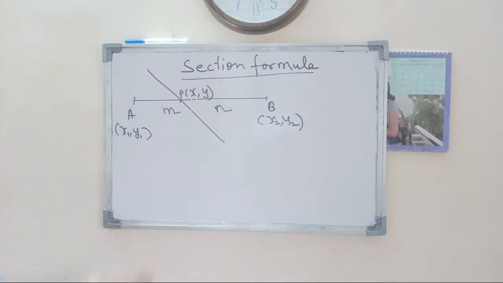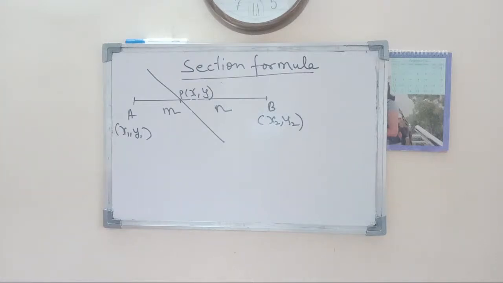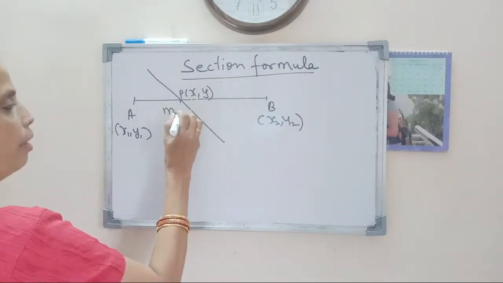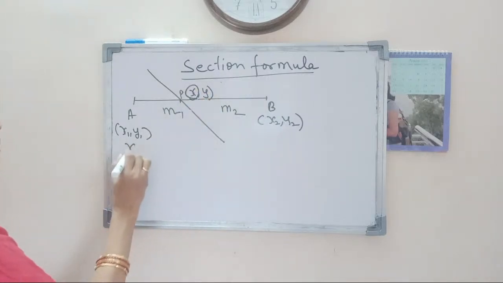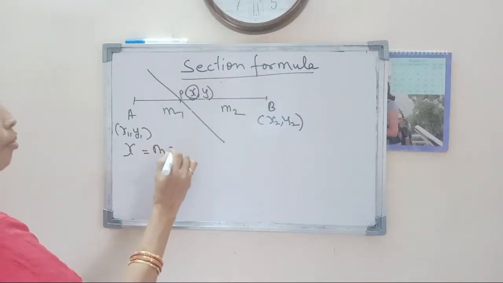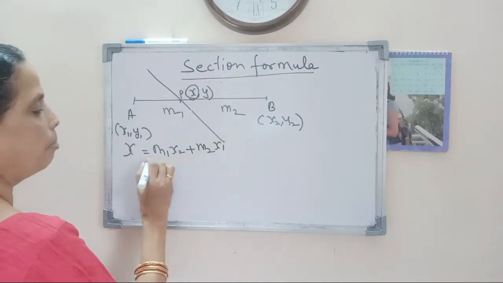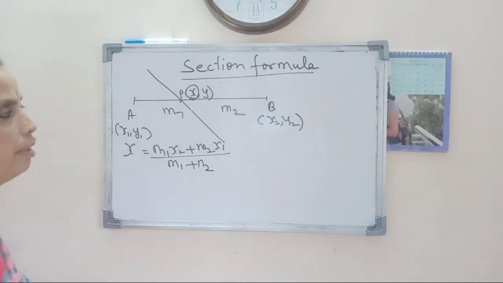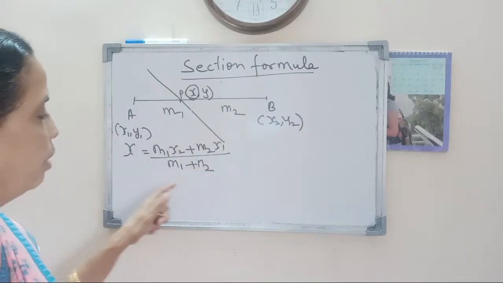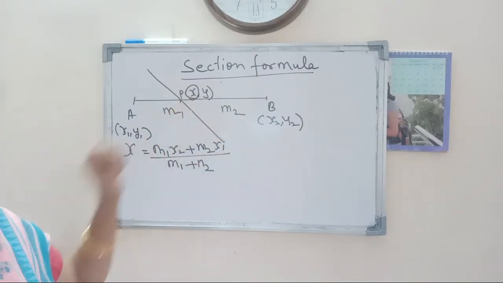Then with the ratio m1 and m2, the value x can be taken as m1 x2 plus m2 x1 by m1 plus m2. When we know the ratio, you can find out this value.